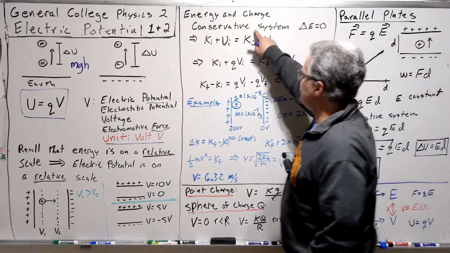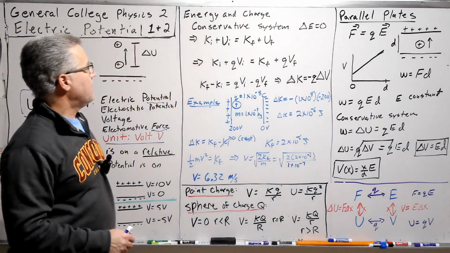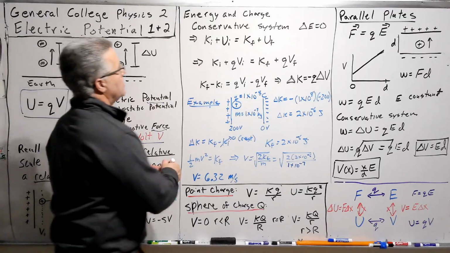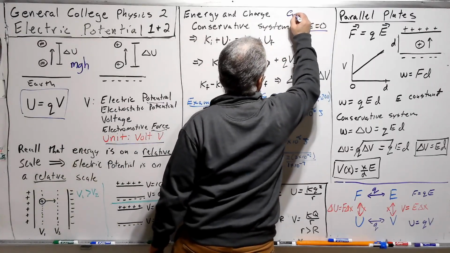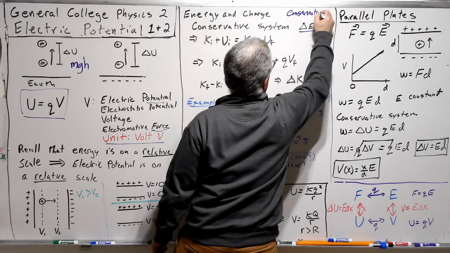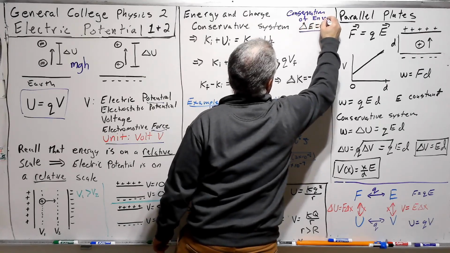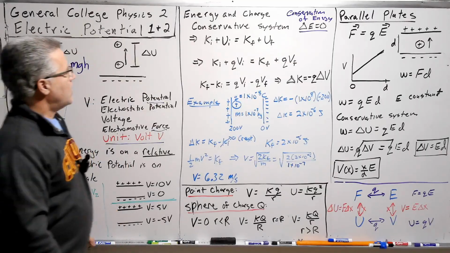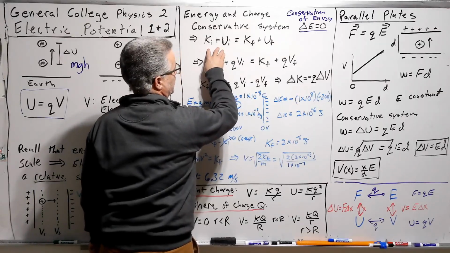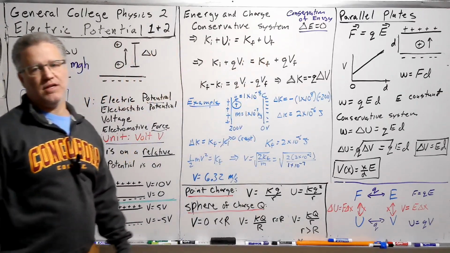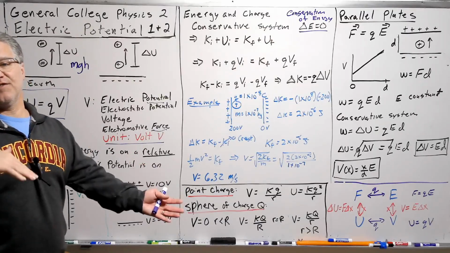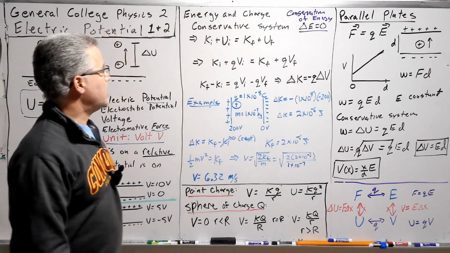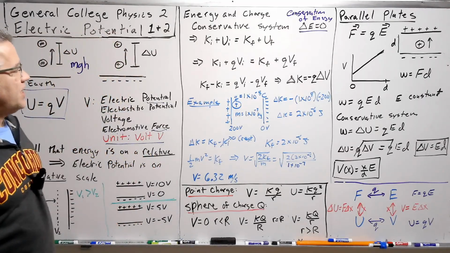Okay, let's look at conservative systems still. Here, we're not going to worry about dissipation. So we're going to look at energy and the connection to charge. For a conservative system, we have conservation of energy. Just a critically important concept in physics, and we talked about it last semester. That means the initial kinetic plus potential energy is equal to the final kinetic plus potential energy. But we know we can interconvert between these two, and we got good last semester at using this concept to calculate, say, kinetic energy if we know a change in potential energy and so on.